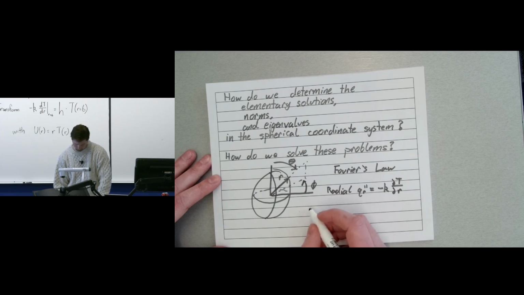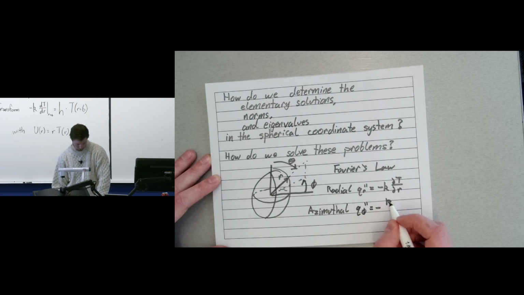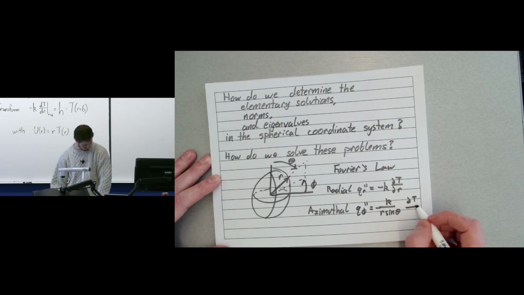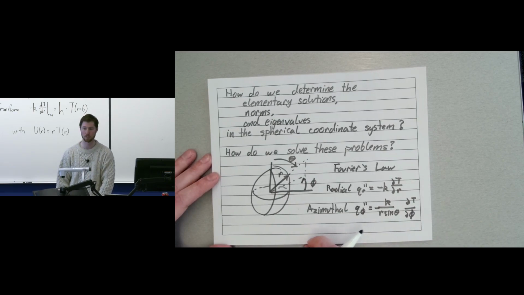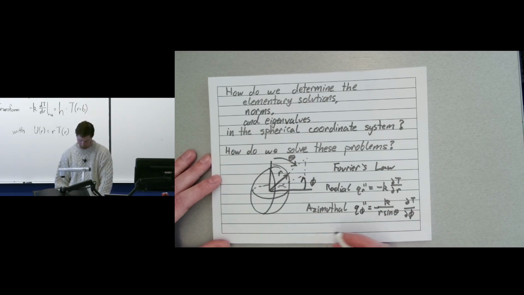In our azimuthal direction, which is a horrible word, we'll have q sub phi double prime equals negative k over r sine theta dT/d phi. If you remember from the very first homework when we were looking at our scaling factors, that's what this is going to be. It's our scaling factor for the azimuthal direction. And lastly, we'll have our zenith.